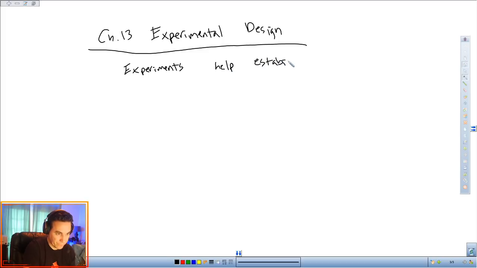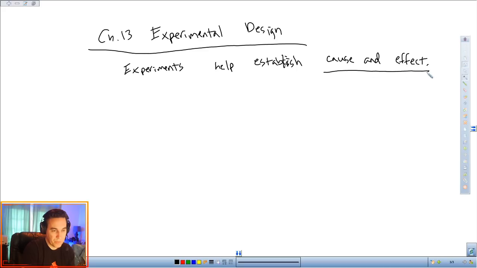Remember? Establish cause and effect. So if you want to do cause and effect, you need to run an experiment where you have a control group and your treatment group, and then you can compare the results. That's your main reason for why we do experiments.